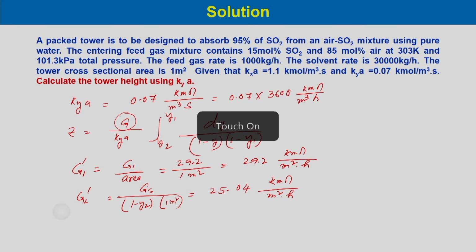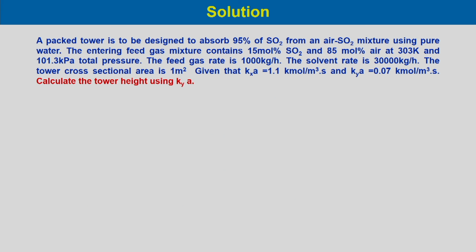Now G1 dash and G2 dash we have calculated, and we will take the average of these two. So, G should be equal to (G1 dash plus G2 dash) by 2, and if we substitute, it will be 27.12 kilomole per meter square hour.